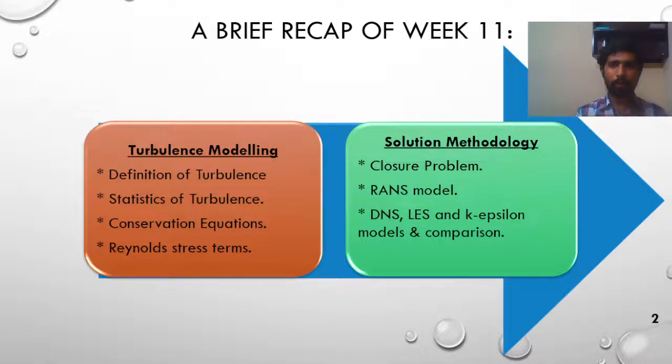Okay, so that is what happens in large eddy simulations, whereas in the case of DNS, which stands for direct numerical simulations, we try to solve the exact Navier-Stokes equation, but at very, very small scales.